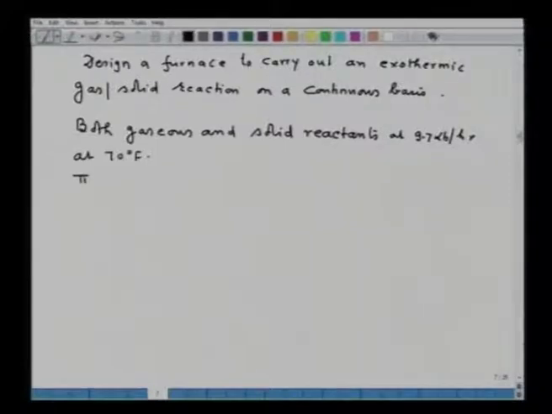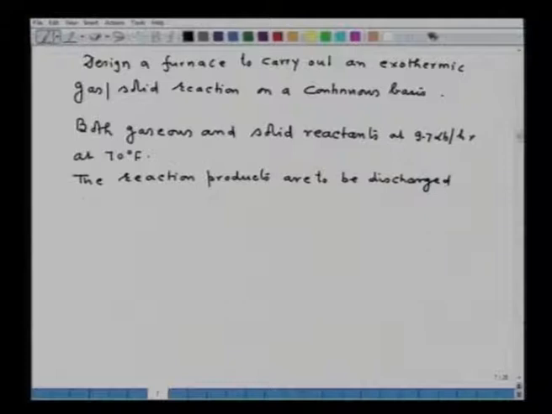The reaction products are to be discharged continuously at 1200 degree Fahrenheit.